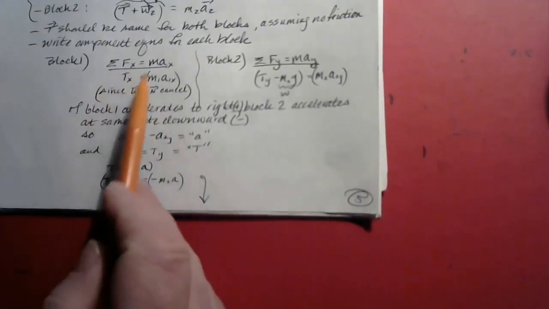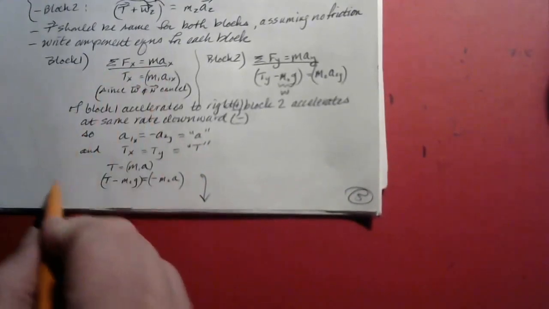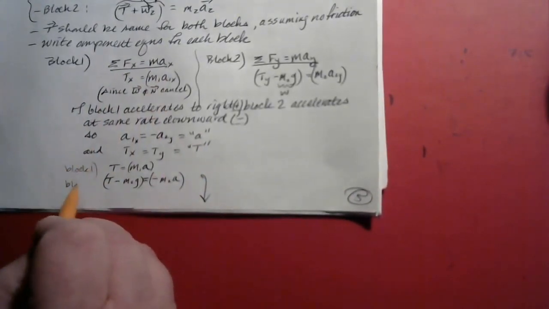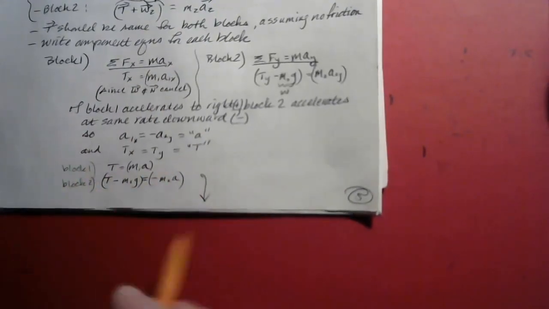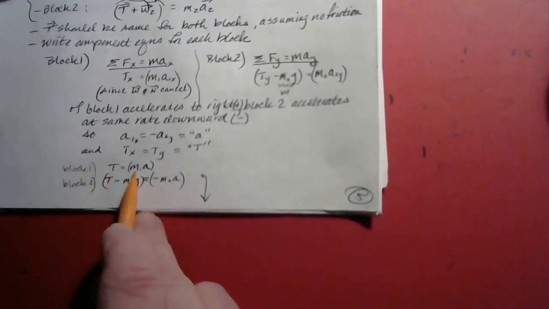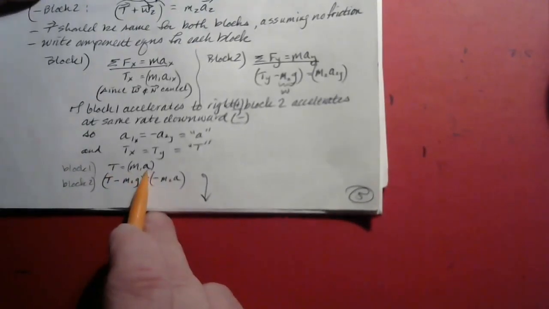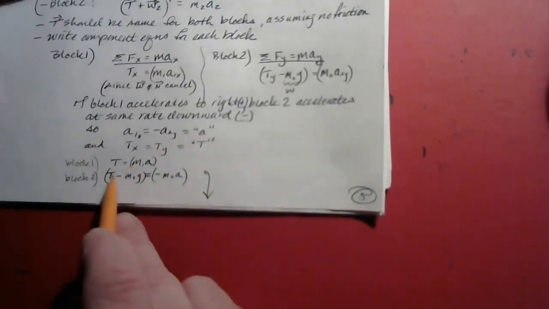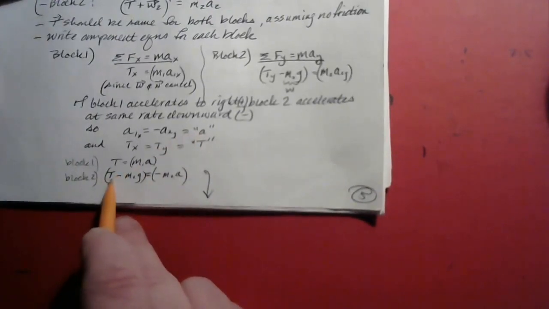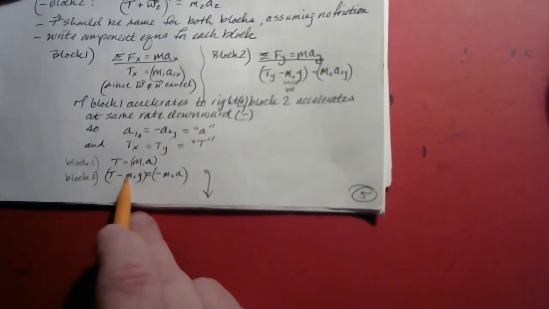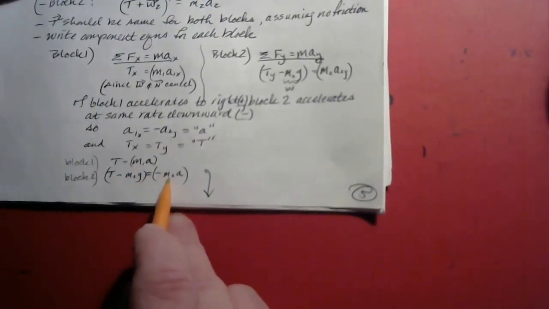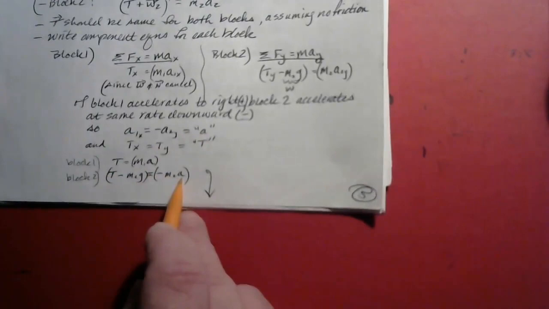Going to block 1, we have tension equal to mass 1 times a, which we're calling the acceleration. For block 2, we have tension minus mass 2 times g equals negative mass 2 times a.